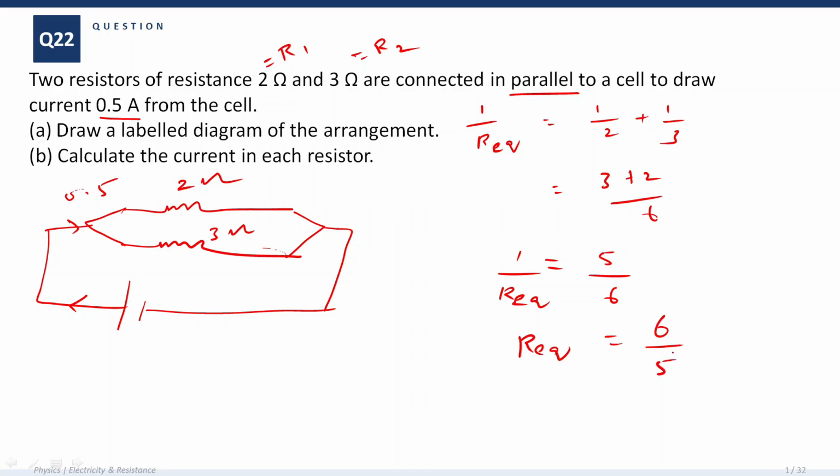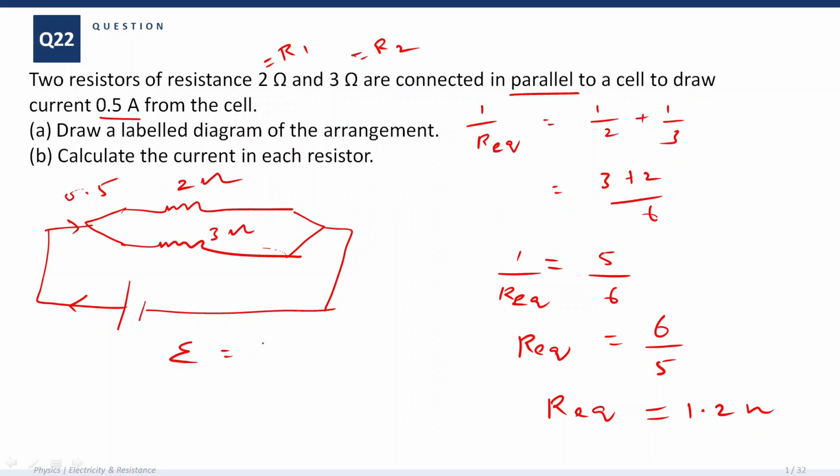Divide 6 by 5, 6 divided by 5, 1.2. So resistance is 1.2 ohms.